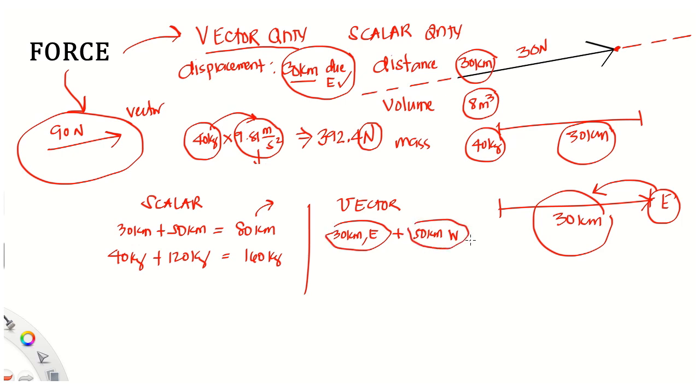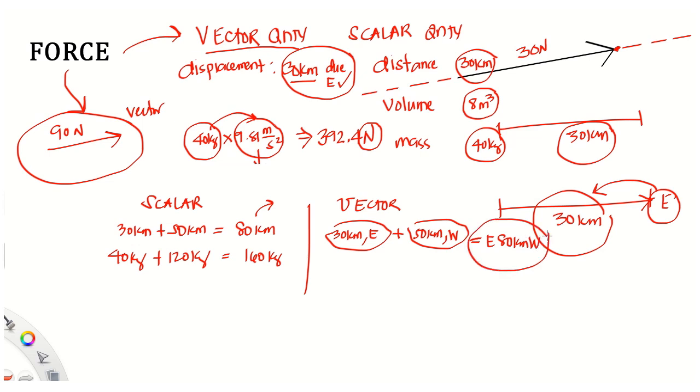If we add two vector quantities, what might be the possible answer? I'm asking you, what might be the possible answer? Just take your guess. Now, some of you might say, okay, it's just 80 kilometers, and since this is east, we just write it here, and west, we just write it here.